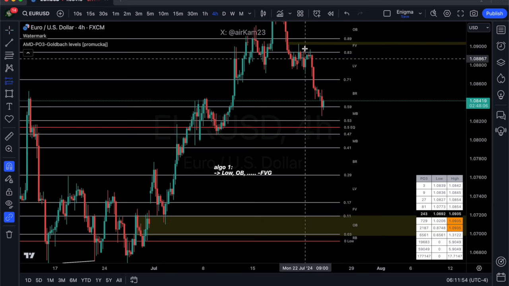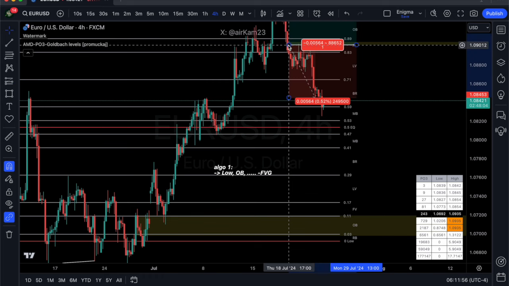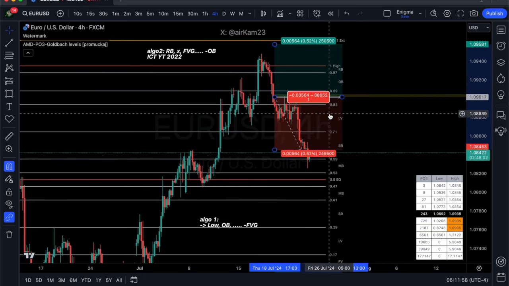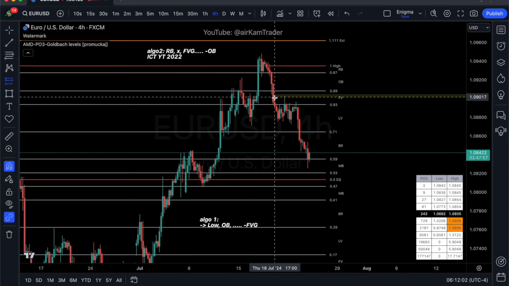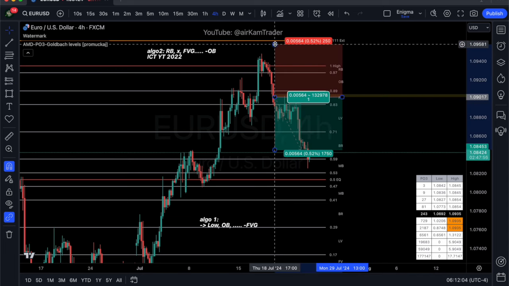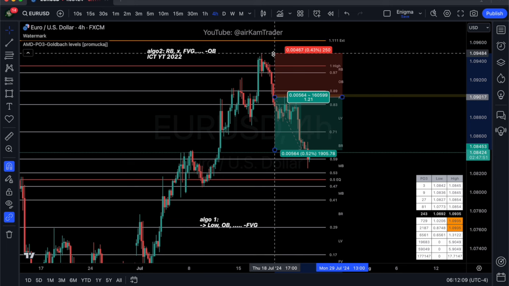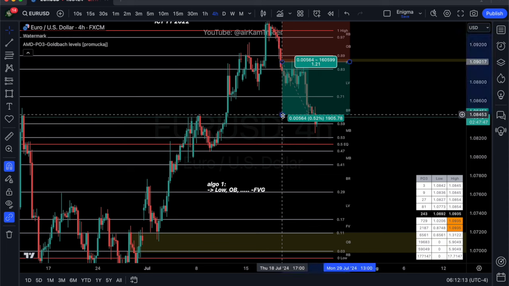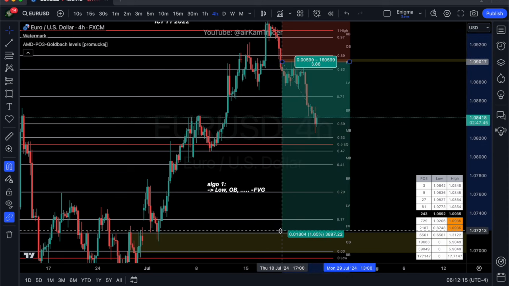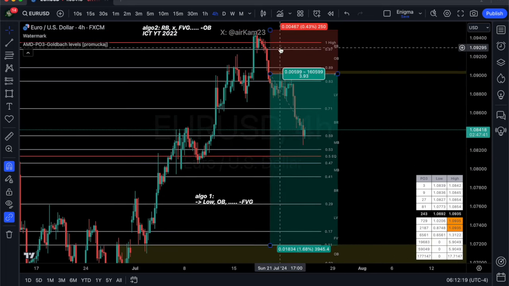So if you were to come into this trade suspecting it's an algo 2, and you went short, and maybe you had your stop at the swing high, and you're targeting the order block, that is almost a 4R trade.